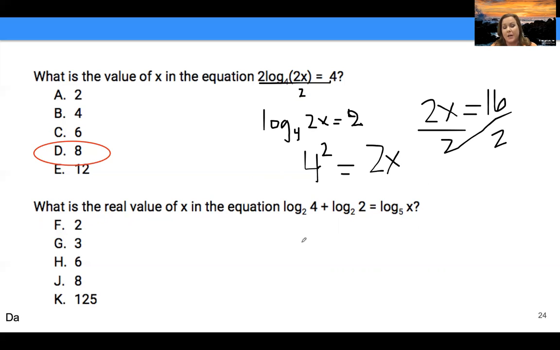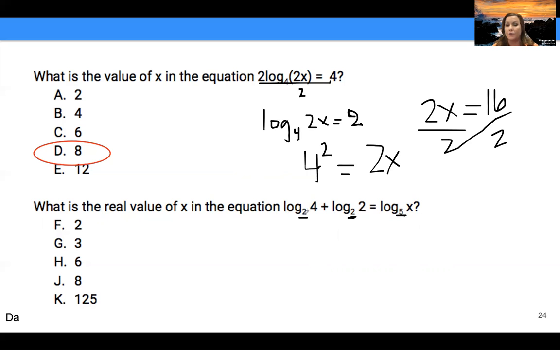Now, last one. What is the real value of x here? The first thing I notice is same base, different arguments. So if I add these together, that would be the same as multiply. There are 2 different ways I can do this. I can go 4 times 2 is 8, so 2 to the what power equals 8.